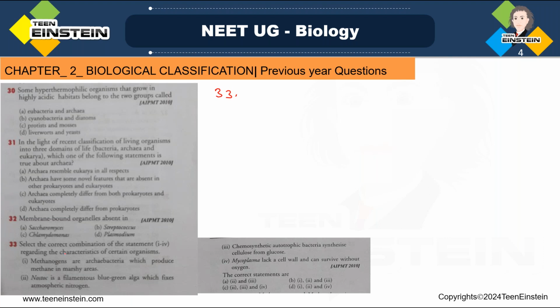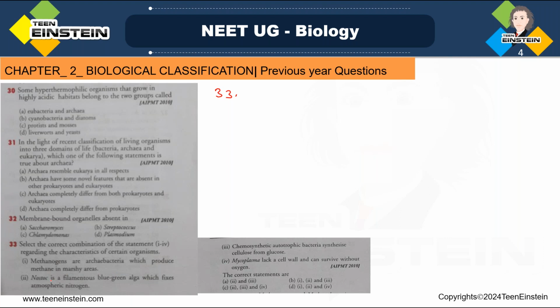Here, select the correct combination of statements regarding the characteristics of certain organisms. First statement: methanogens are archaebacteria which produce methane in marshy areas.